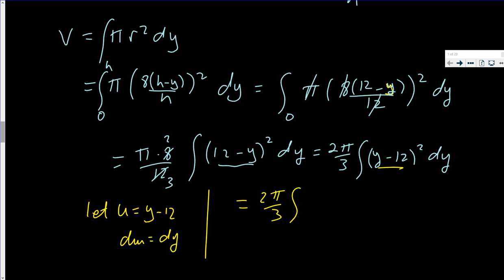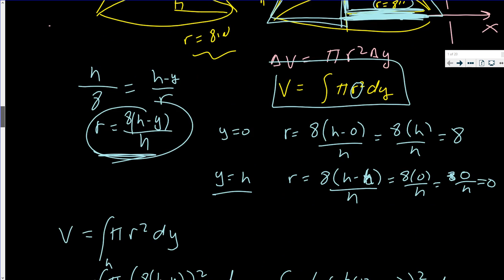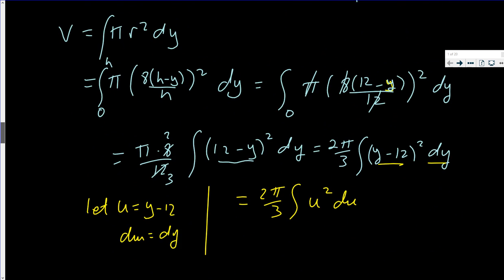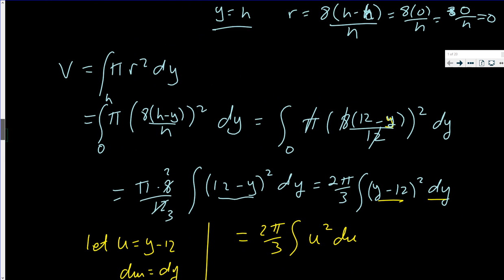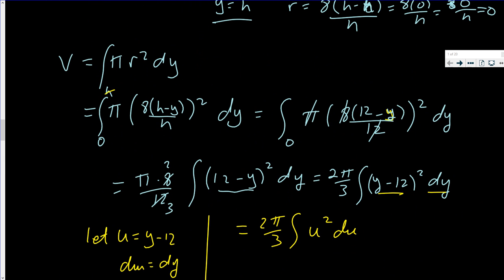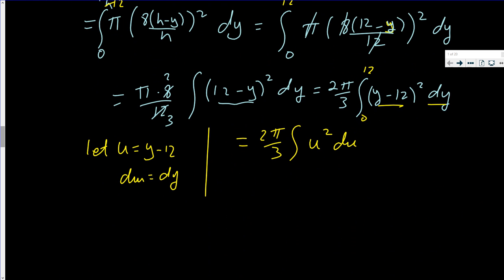So we have 2 pi over 3. Y minus 12 is u squared, and dy is du. Now, the limits: y goes from 0 to 12. But we don't have y anymore. We have u.